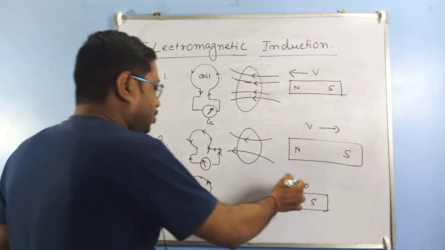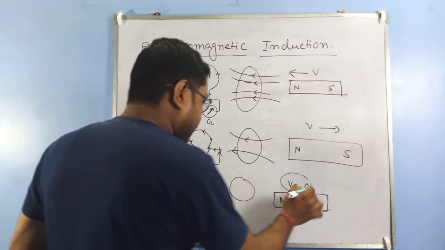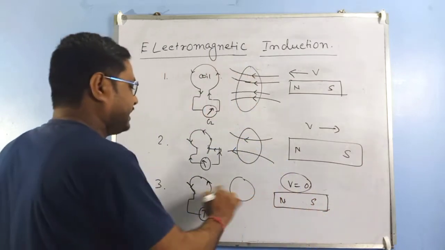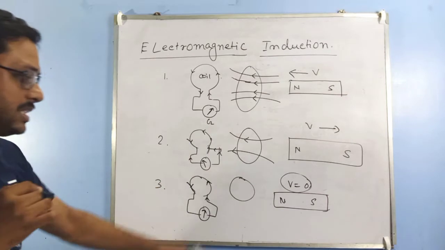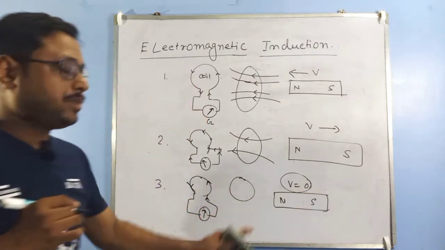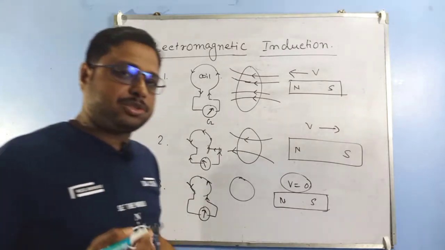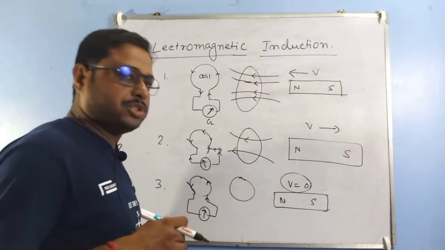But when there is no relative velocity between the magnet and the coil, because they are steady or move with the same velocity, then the relative velocity is 0.